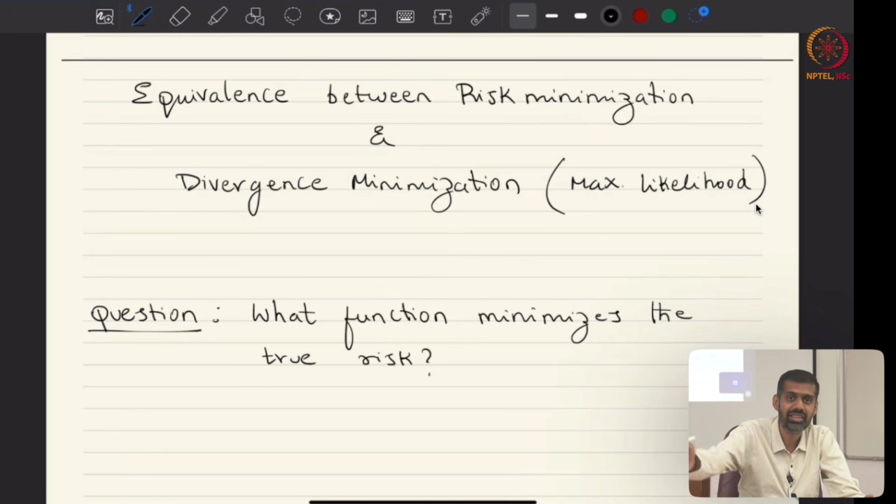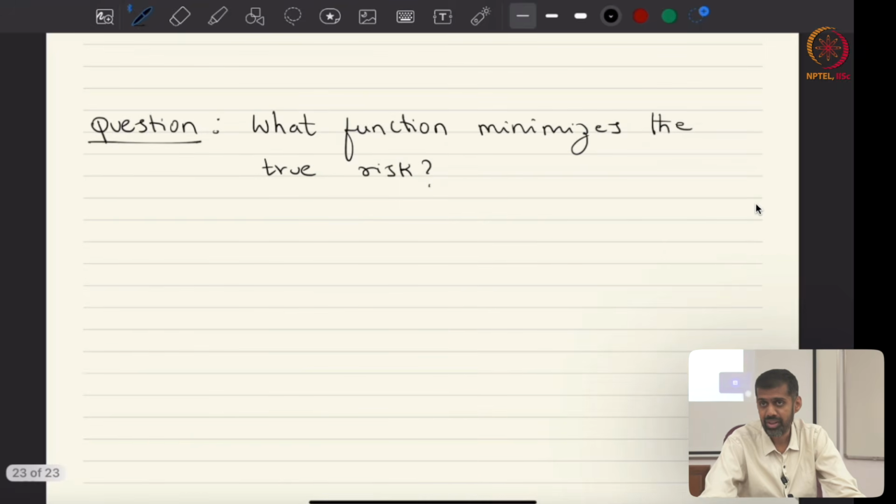Suppose we had access to distributions, all distributions. The question that I am asking is what function minimizes the true risk? Now, as you can imagine, depending upon the problem that we are solving, if we are solving a classification problem or regression problem, supervised, unsupervised, this function changes.